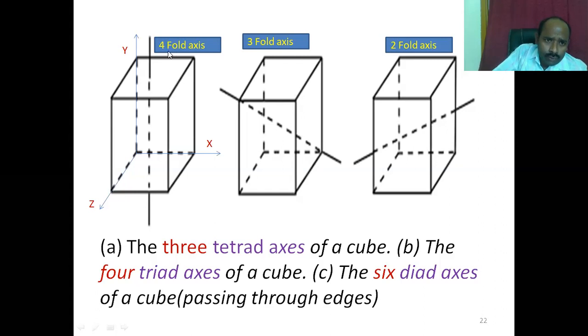For four-fold axis, theta is equal to 2 pi by 4, which gives theta is equal to 90 degrees.